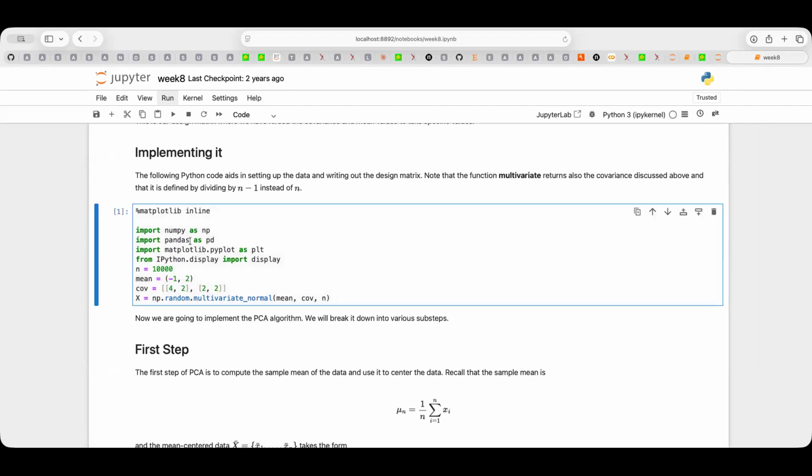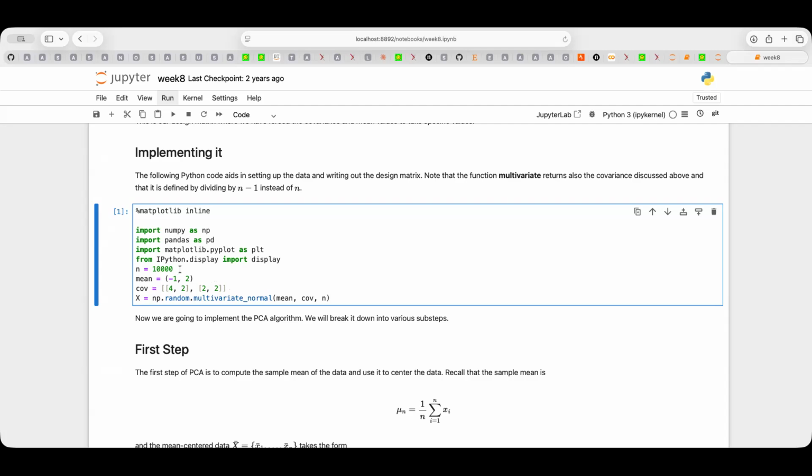And let's try to build up some intuition about the PCA. So what I'm setting up now, if you look at this example, is a 2 by 2 covariance matrix by hand, like the one you saw on the whiteboard. I'm simply stating that the first element is 4, the variance of the second element is equal to 2, and the off-diagonal is small. And I have 10,000 data points.